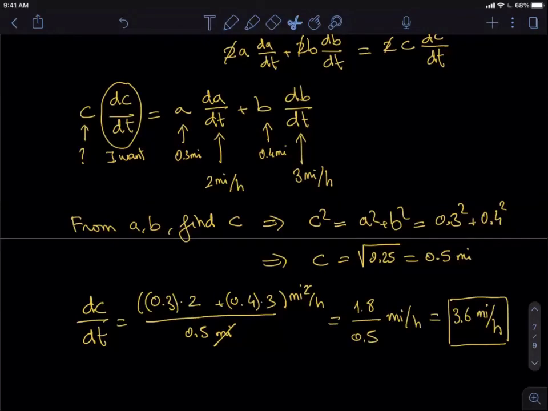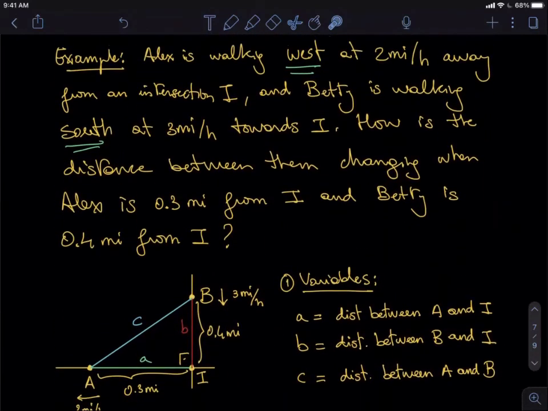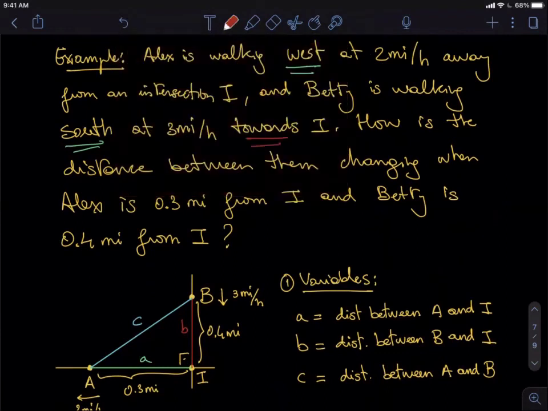Actually, I just realized something. Let's look back at the problem. There is one more piece of information that I missed. Here we are given the information that Betty is walking towards the intersection and Alex is walking away from the intersection, but I haven't used that information at all.